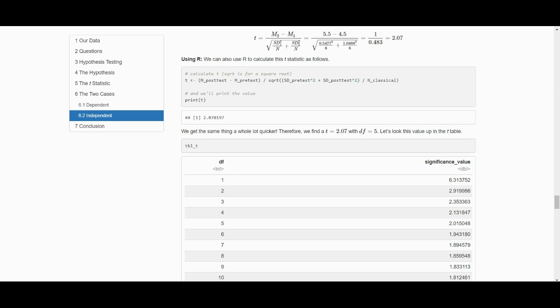And if we print this t, we find miraculously the exact same value, 2.07. Although here it just has a few more decimal places, 2.070197. So we get the same value a whole lot quicker using R. Therefore, we find t equals 2.07 with df equals 5.